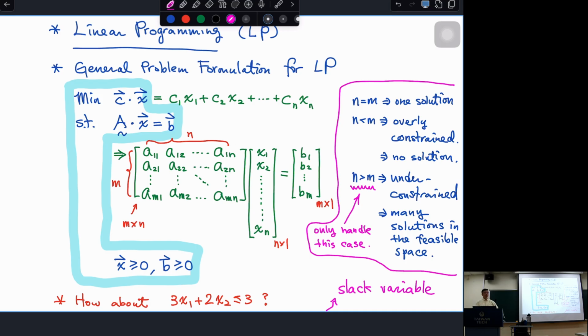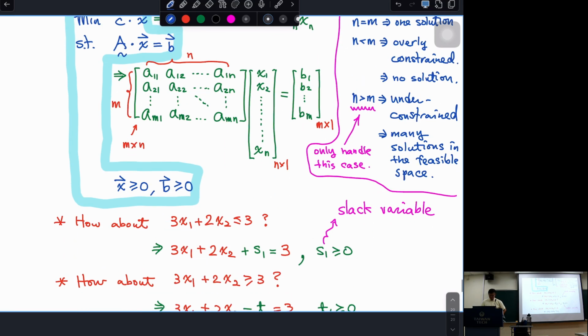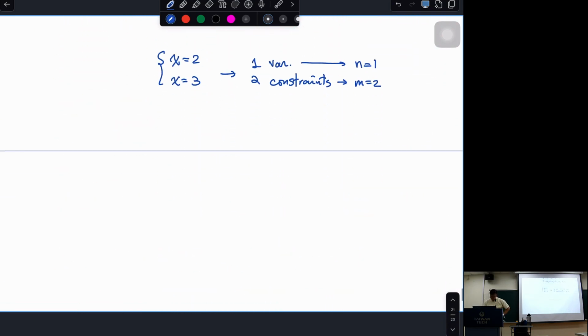There are two general methods to solve for LP. I'm going to introduce only one. I like this one more. The other one, you can Google for it. It's also very simple, but not going to be covered in this class.